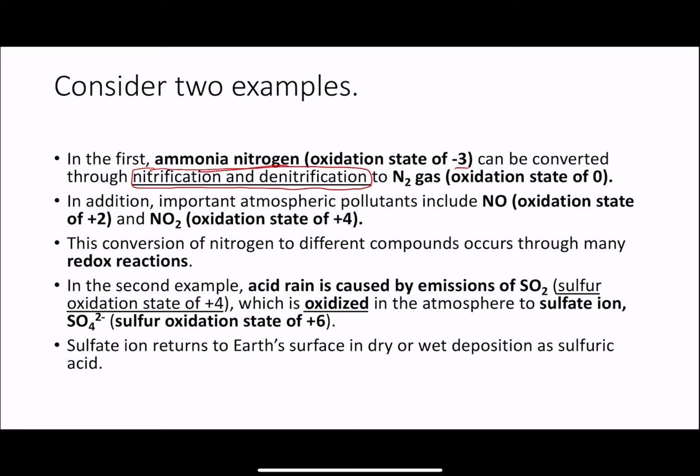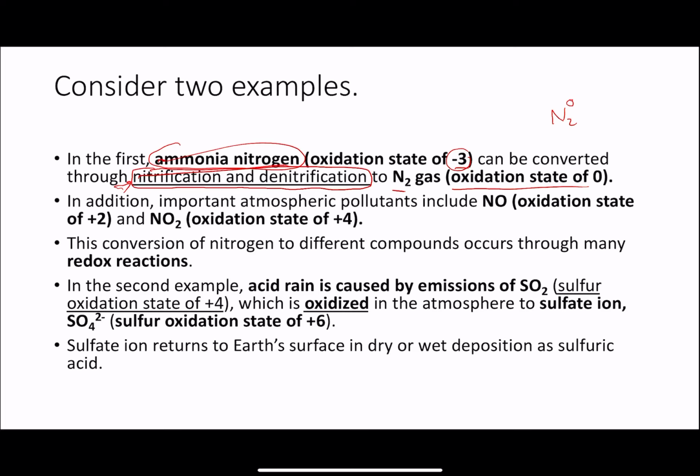Nitrification and denitrification convert this ammonia nitrogen, which has a -3 oxidation state, to N2 gas. The oxidation state of N2 is 0, remember? There's no charge here. While ammonia nitrogen is -3.